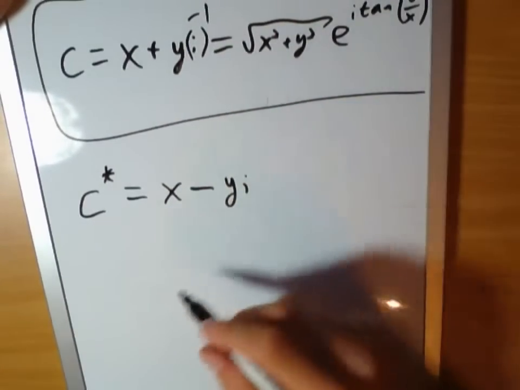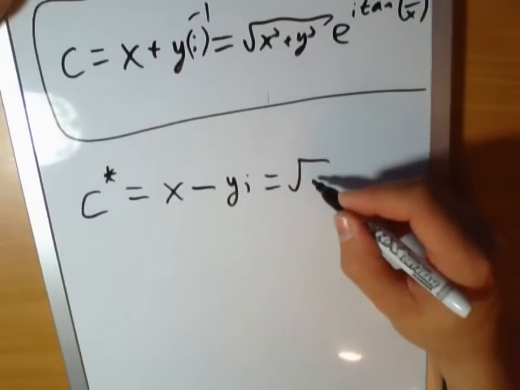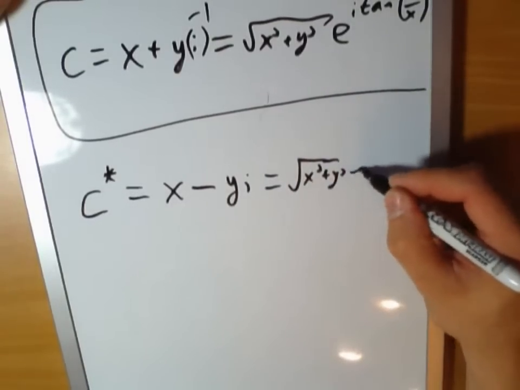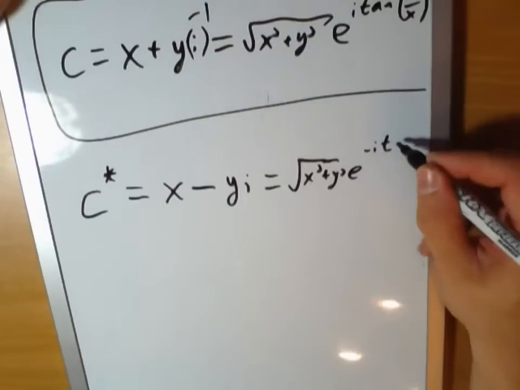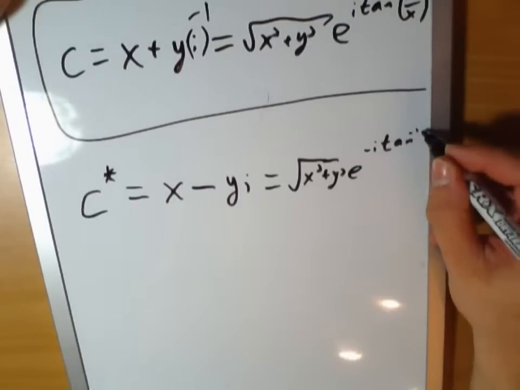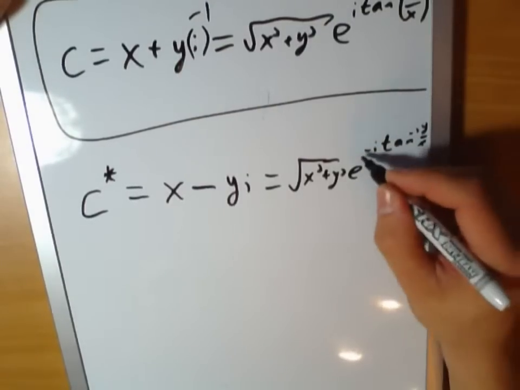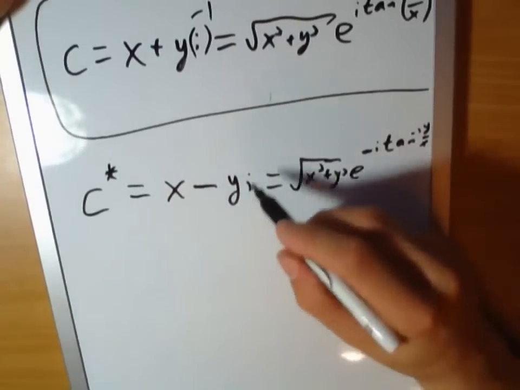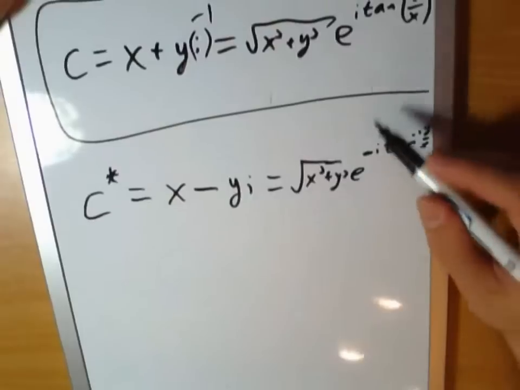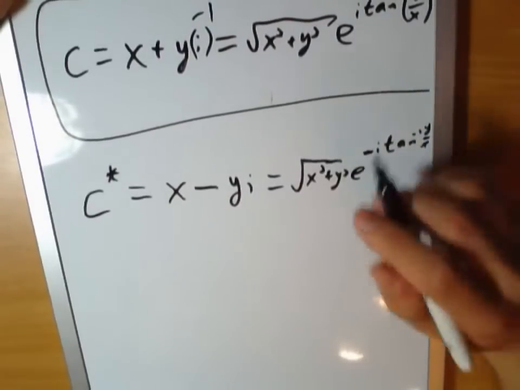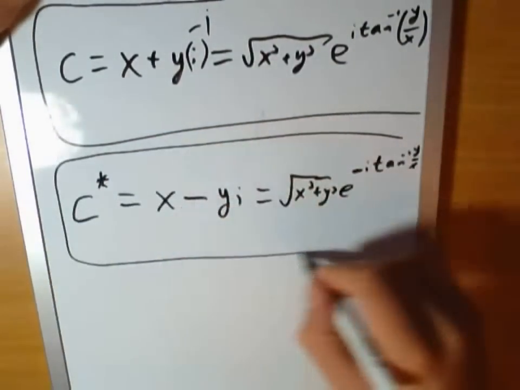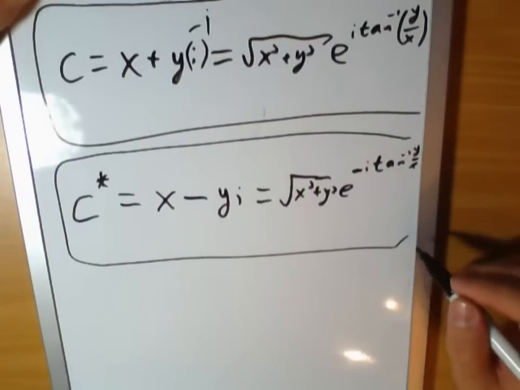That is also equal to square root of x squared plus y squared e to the negative i inverse tangent y over x. The negative sign comes in. So the complex conjugate, every i you see, you turn it into a negative i. So this plus goes to a minus, this plus goes to a minus. And that's everything that you need to know about complex numbers in 10 minutes.